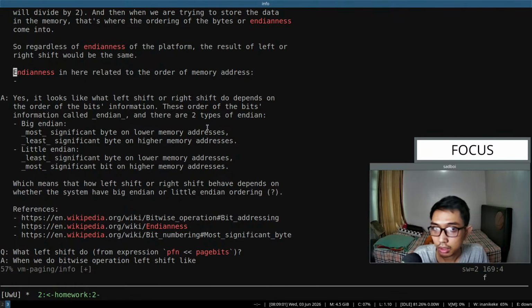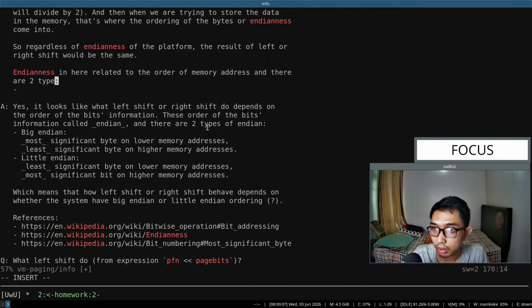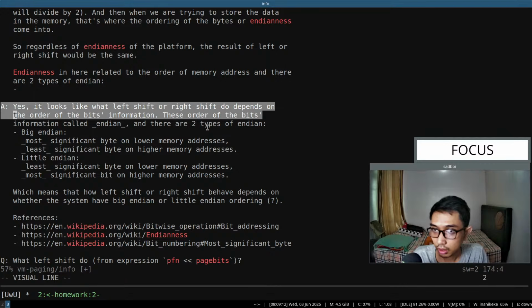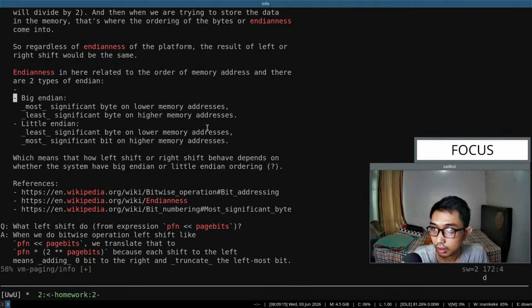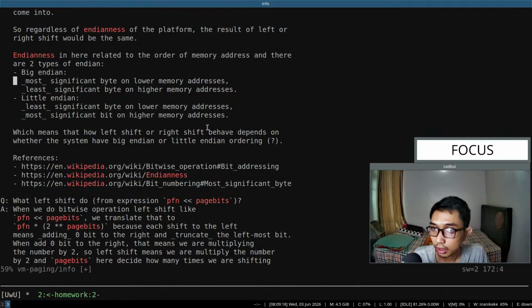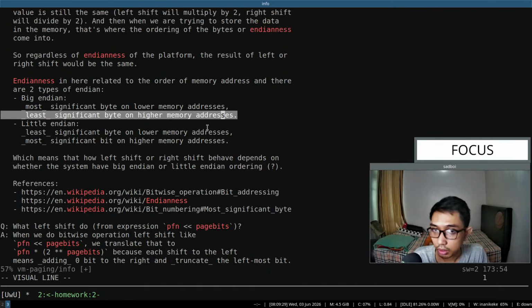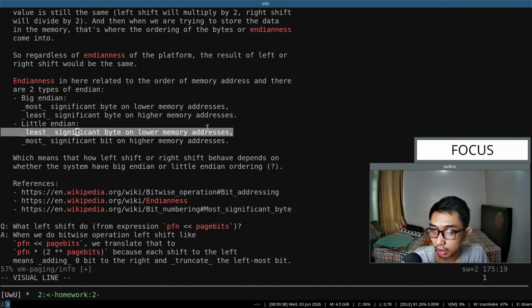There are two types of endian, and then we got this one: big endian, most significant byte on lower memory address, least significant byte on higher memory address, and then the little endian, least significant byte on lower memory address.